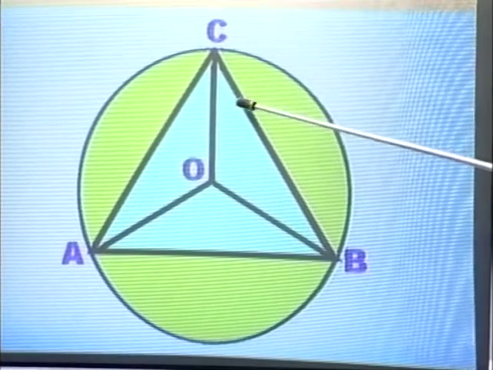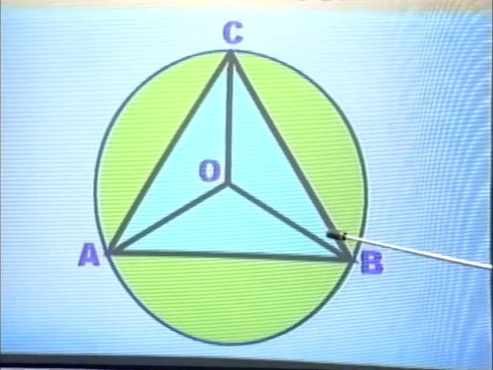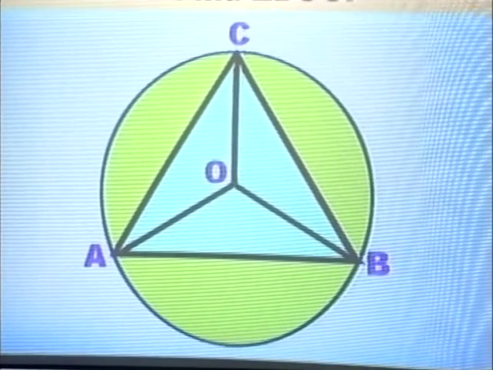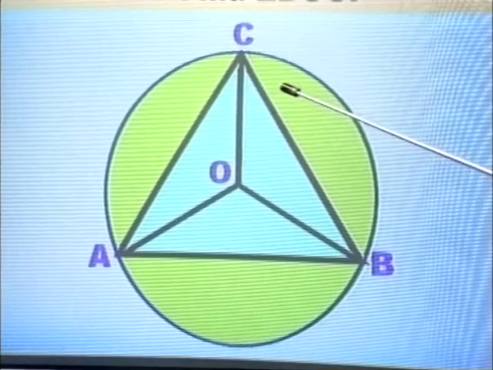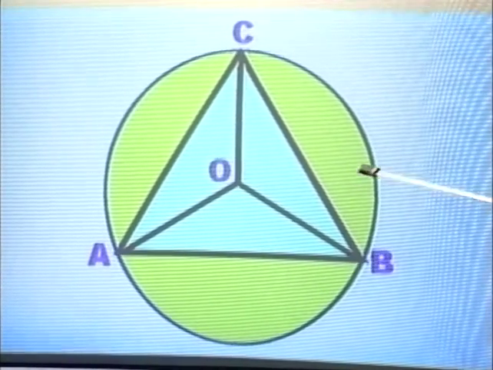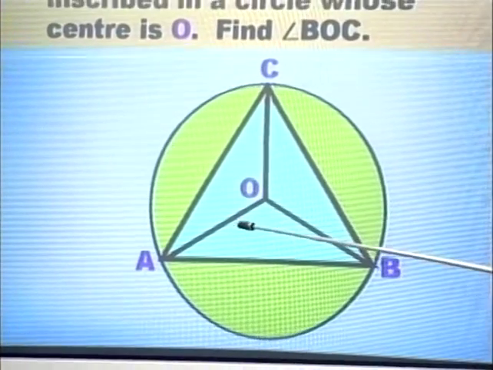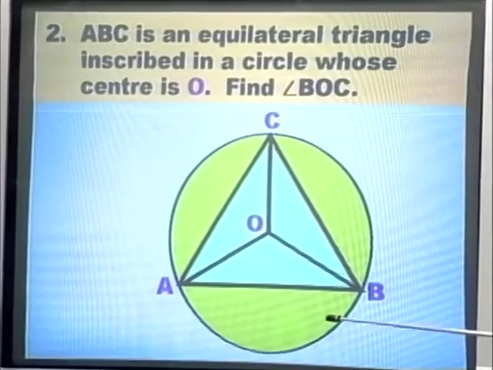This angle at the circumference, that angle, knowing that it is an equilateral triangle, or the angles of an equilateral triangle are 60 degrees, right? So that will be 60 degrees there. This angle is the angle subtended by the same arc.